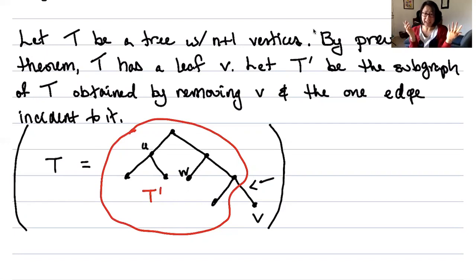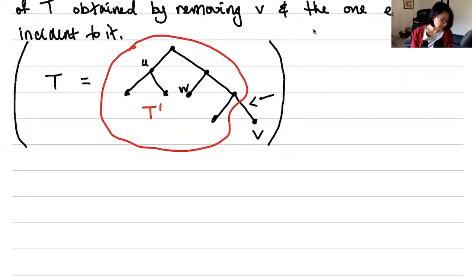So why do that? Any walk that goes from U to W, since I would have had to backtrack over that edge that went to V, just don't use it. So I can't disconnect my graph. And also, T prime is a subgraph of T. Since T didn't have any circuits, I can't create circuits by removing edges. If T prime had a circuit, that circuit would still exist in T. So T prime must be a tree. Okay, so let me write that down.